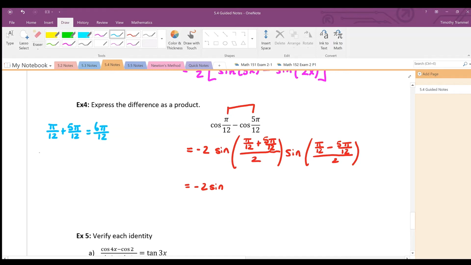And then if we were to take that and divide it by 2, so 6 pi over 12 all over 2, this would be 6 pi over 24, which is equal to pi over 4. So this is going to be pi over 4.